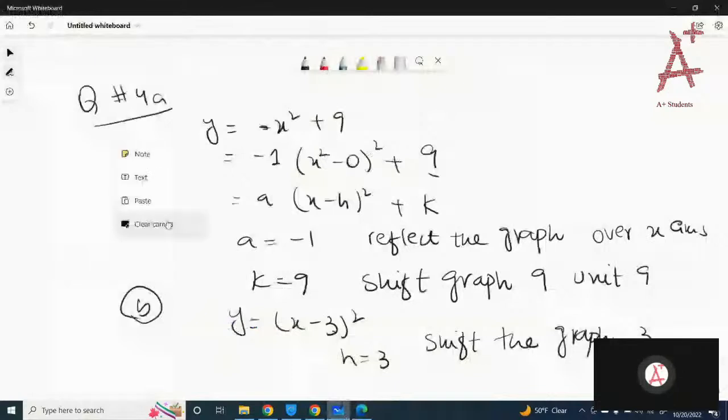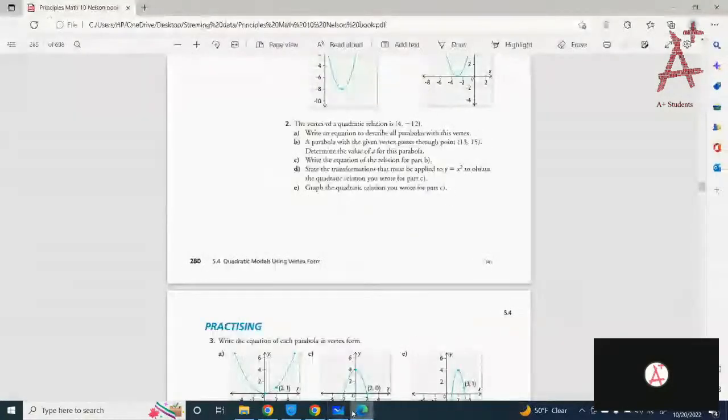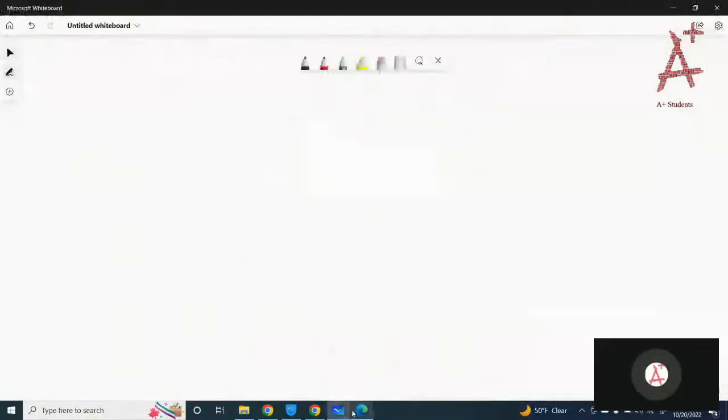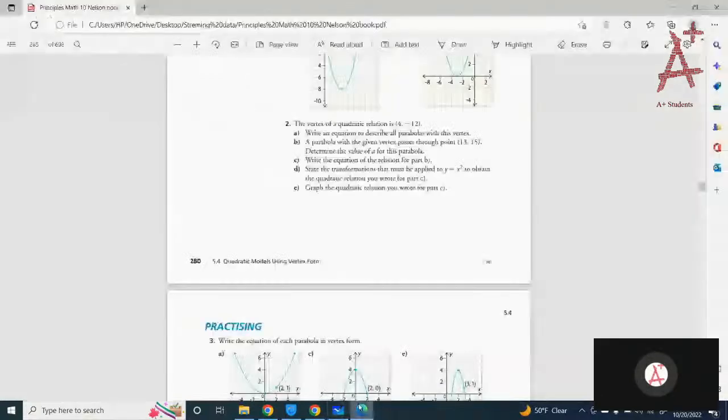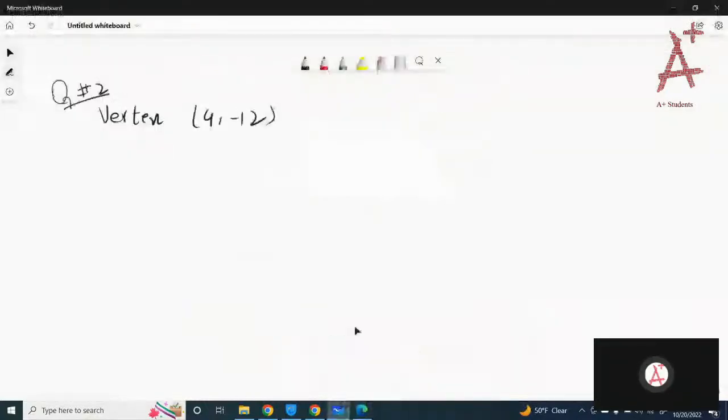Question number 2. Okay, the vertex is 4, negative 12. Let's see what we have to do in part A. We have to write the equation that can describe the parabola with the vertex 4 and negative 12.